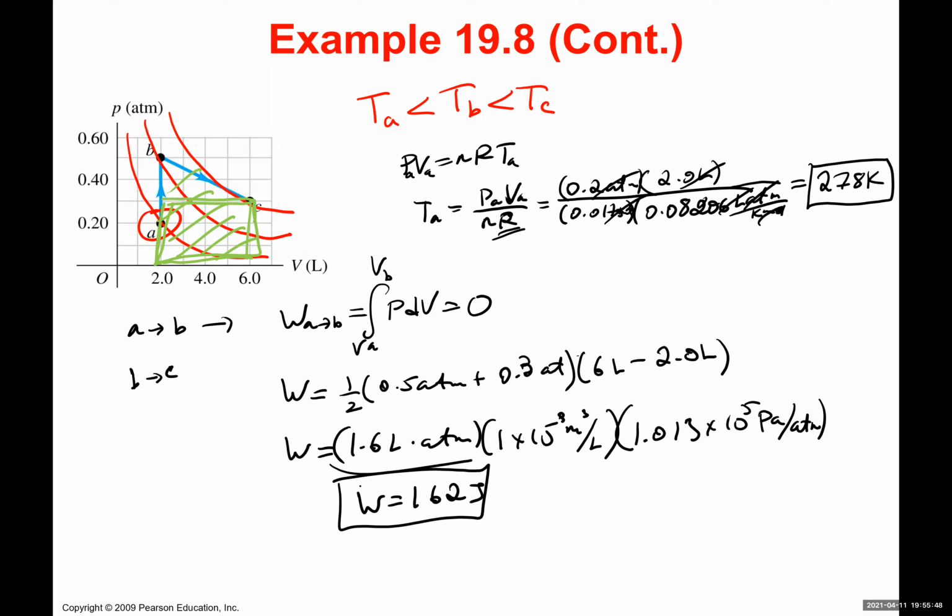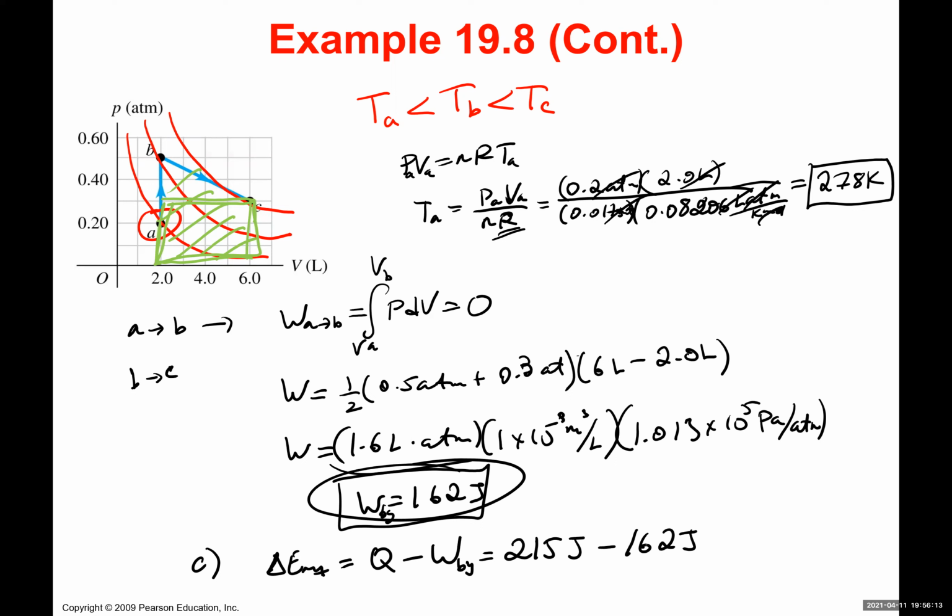Now for part C, it says if 215 joules of heat was added into the system during this ABC process, how many of those joules went into internal energy? We know that the change in internal energy equals Q minus work done by the gas. So 215 joules were added, so it's positive, then minus 162 joules that we just calculated, the work done by the gas.